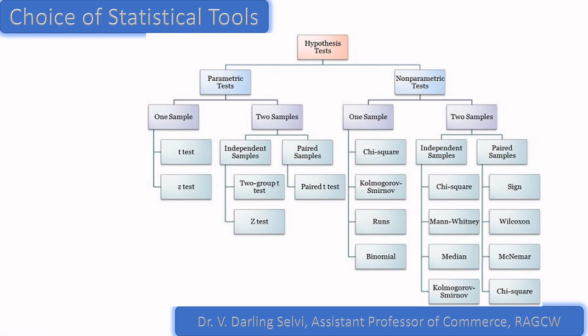For independent samples, we can apply chi-square, Mann-Whitney, the median test, then Kolmogorov-Smirnov. For paired samples, we have the sign test, Wilcoxon test, then McNemar test, and then chi-square. See, this chi-square is widely applicable in all the cases and is a very popular test.